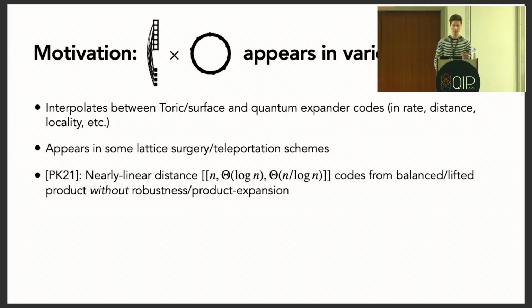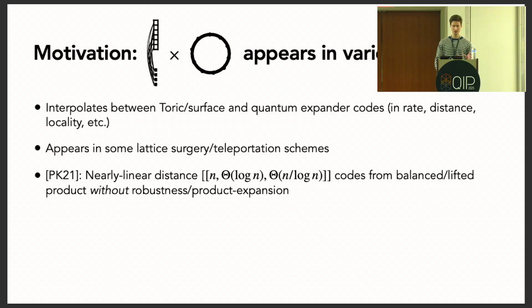But a few years ago, Panteleev and Kalachev came up with a much more lightweight construction that obtained nearly linear distance codes with a logarithmic number of logical qubits and distance roughly n over log n. This was based on a balanced or lifted product of a classical expander code with a classical repetition code. And this is very interesting because it's one of the only known lightweight constructions that we have for nearly linear distance quantum LDPC codes.